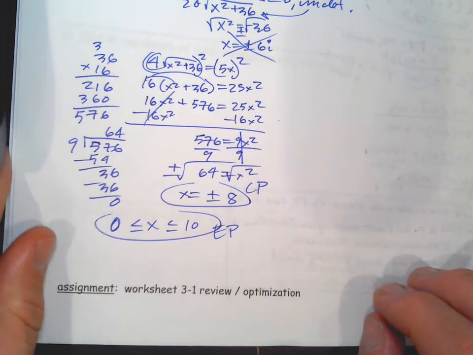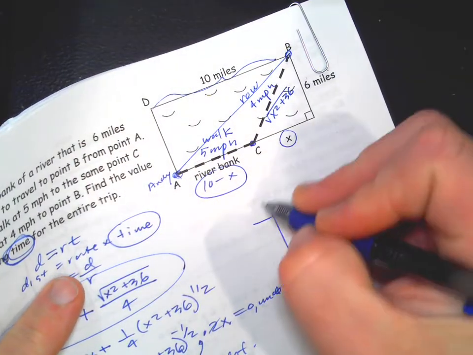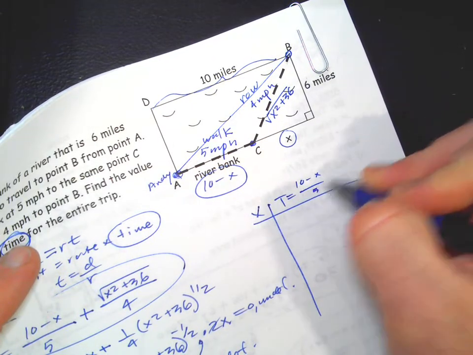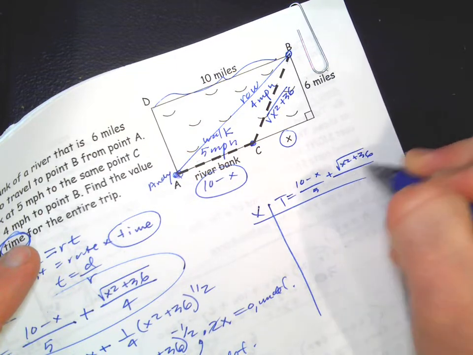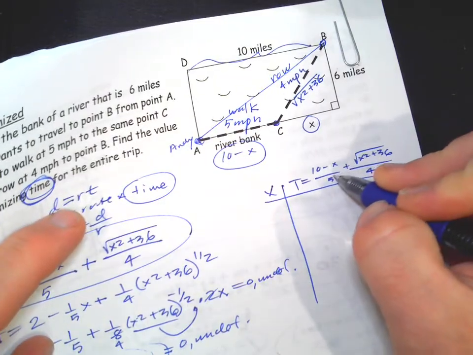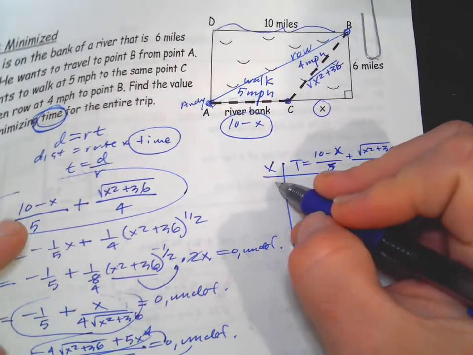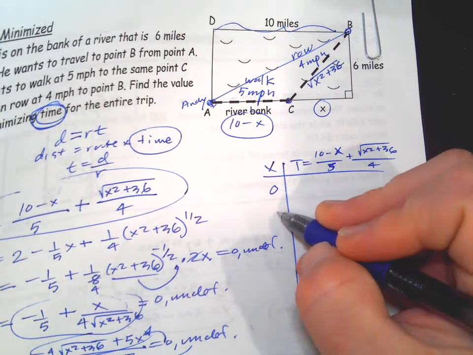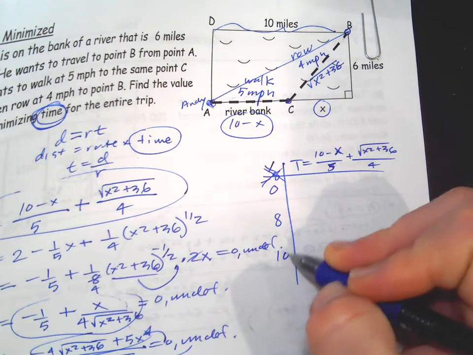So we're going to make a table, of course, and plug it into time. All right, so we've got 0, positive 8, negative 8 we're not going to use, and 10.